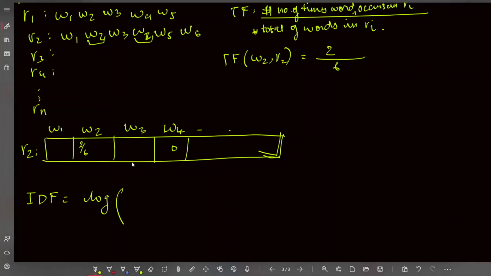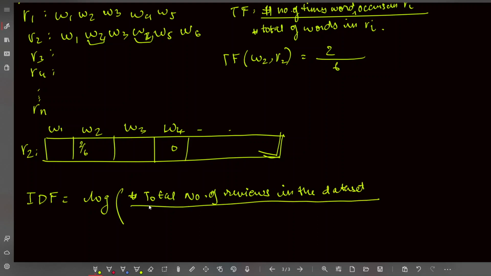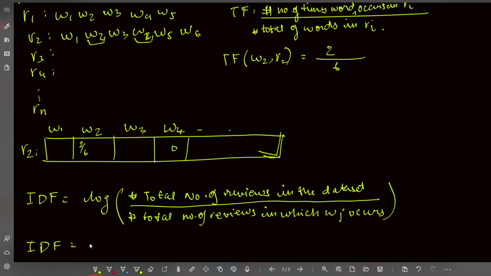So the total number of documents or the total number of reviews in the data set upon the total number of reviews in which word Wj occurs.